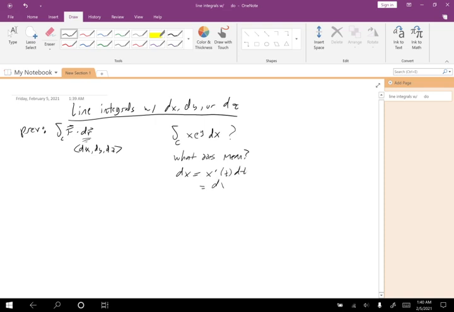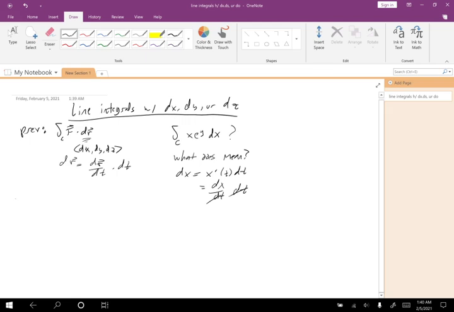Again, we just used the cancellation of the differentials. So remember that dr before was the velocity times the change in time. That gives you the change in displacement. Now, as it turns out, you can do something similar with this dx. And then you just proceed to integrate in t as normal.